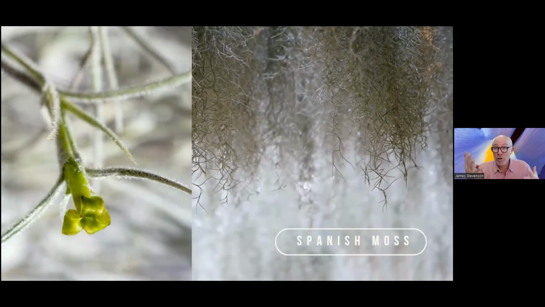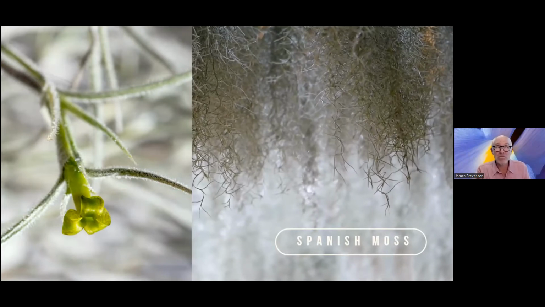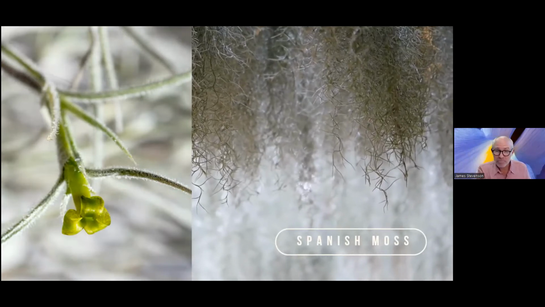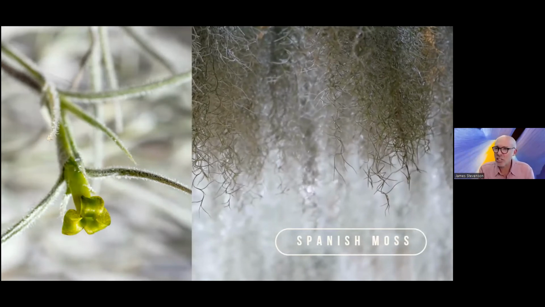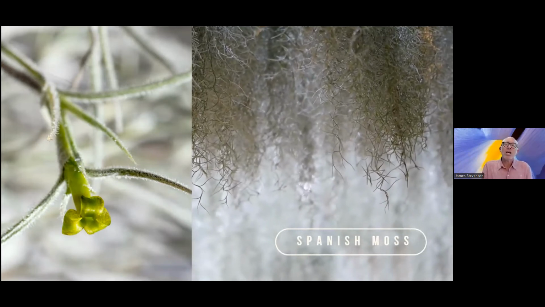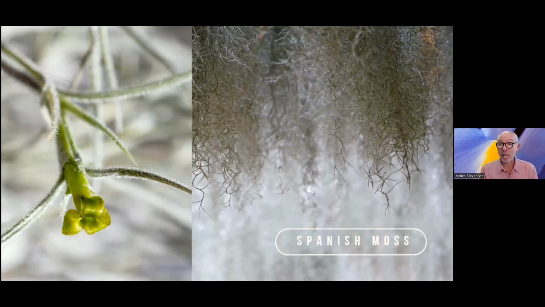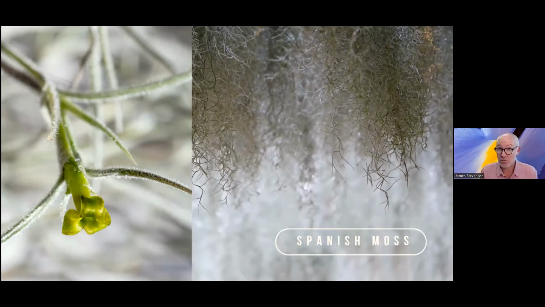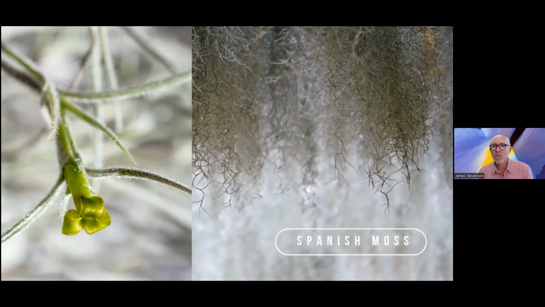When I mentioned the 4 plant groups and we talked about the mosses being the least evolved, and that's the wrong way to put it, the most simple in structure, a highly evolved flowering plant called Spanish moss has been given the name moss, heaven knows why, because it's not.